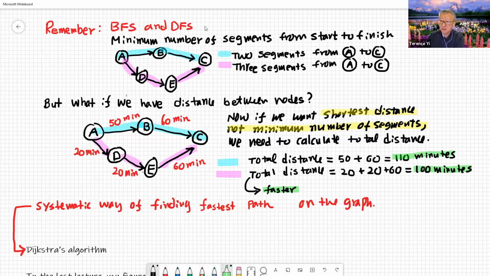This is what we call a weighted graph, because now edges have values, the weight between these nodes, and rather than the number of segments, we want to find out how long it's going to take us to get from point A to point C.